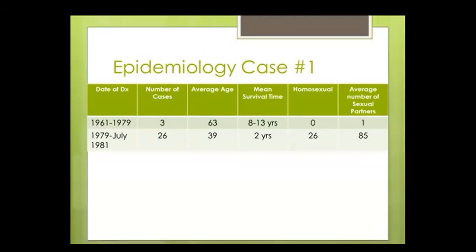Then an investigation of the average age affected shows it's a much younger group of patients. Their mean survival time is much shorter, only 2 years instead of 8 to 13 years. All of the cases were homosexual, whereas none had been before that. And the average number of sexual partners was 85, compared to just one sexual partner in the years preceding that.